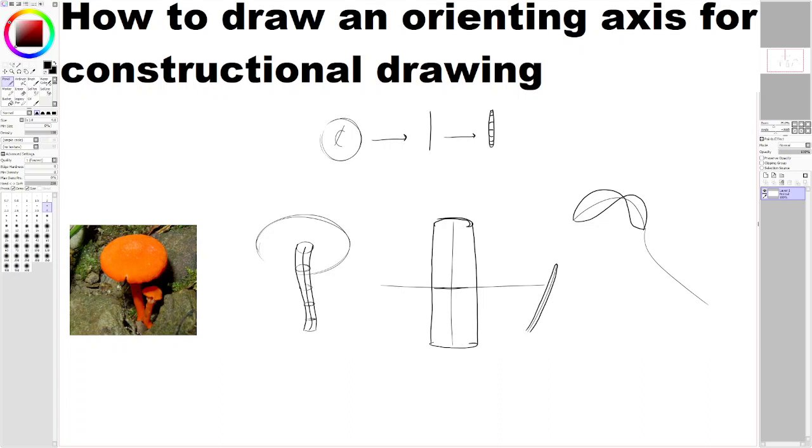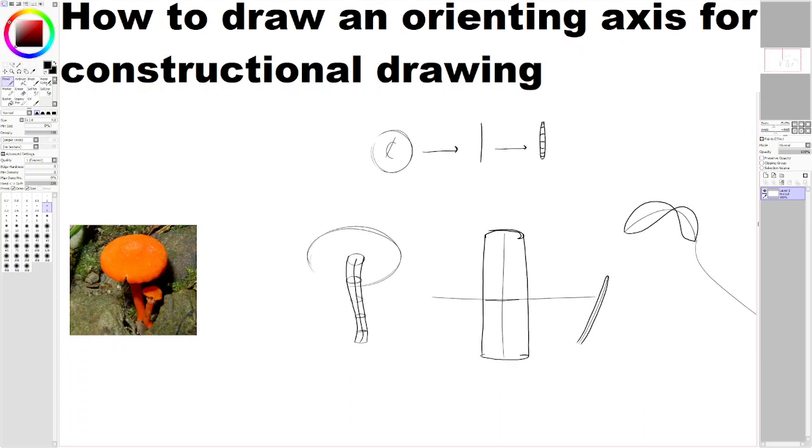Commonly, people also use this for a thing called the line of action. I think that is a bit different than an orienting axis, but perhaps it could be considered one and the same. You may not always use it for constructional, but let me draw an example for you. If you had a person in a crouching position, how would I do it?